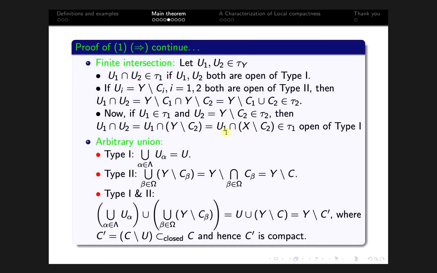So open of type 1 intersection with open subset of type 1, that is again an open subset of type 1, so that is in tau 1.